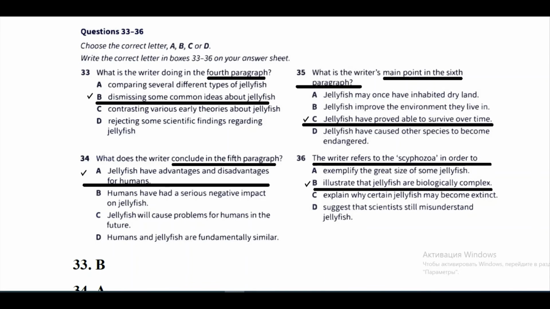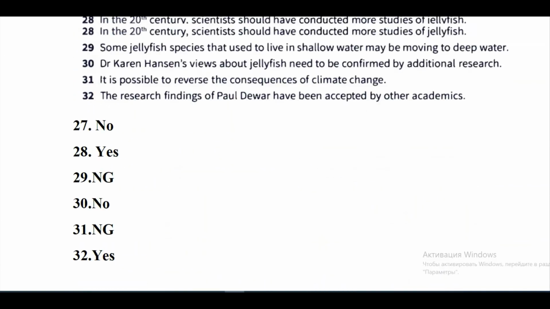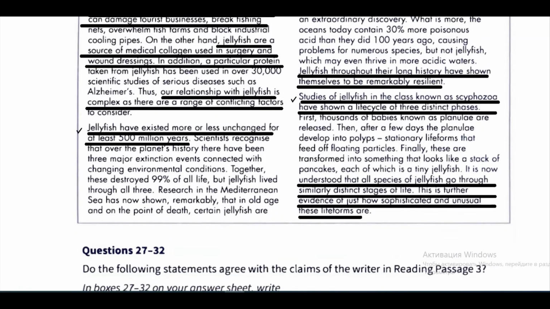So the question is not asking what a schizoid is. It is asking why the writer has included this information. So this is actually not the same. This is different information. So let's go to the final paragraph. And here it is.